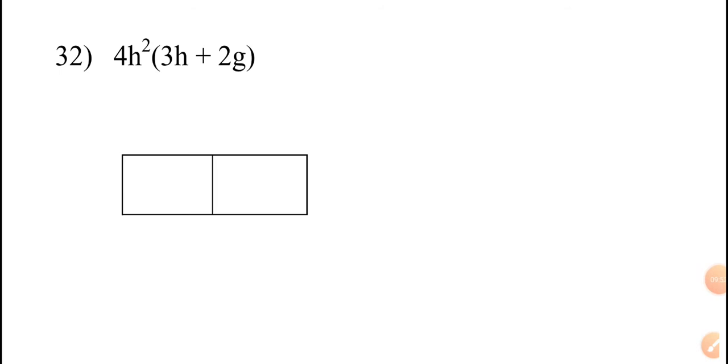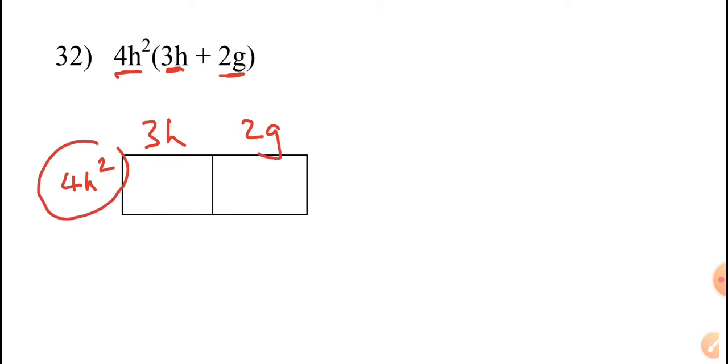So question 32 now. So I can see 4h squared there, so I write 4h squared here. I can see 3h there, so I copy down the 3h, and the 2g there, so I'll copy down 2g there. So the first thing we have to do is 4h squared times 3h. So we can write that here. So 4h squared times 3h.